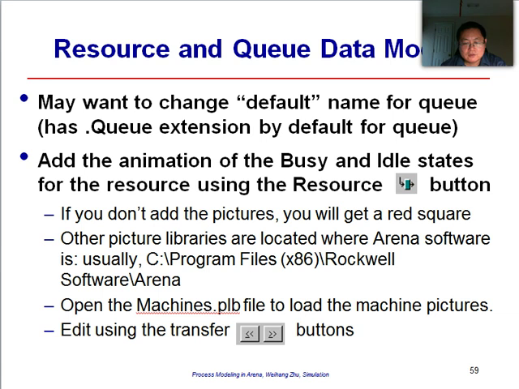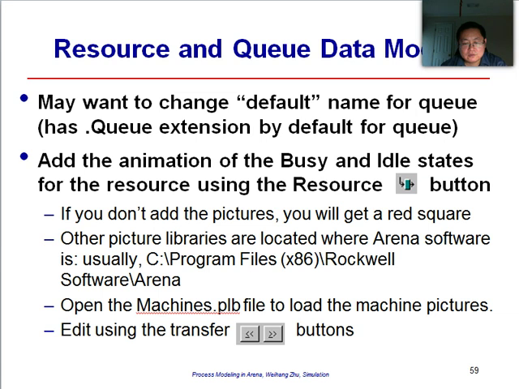By default, there are 4 statuses: idle, busy, inactive, and failed. We only need idle and busy statuses, so we can delete inactive and failed statuses from the list. We actually want to use better pictures than just colored squares. Click Open to load machines.plb, which holds the machine pictures.